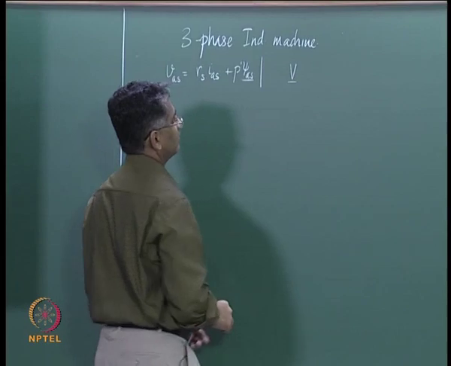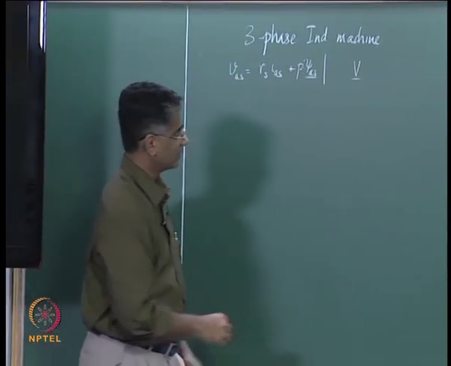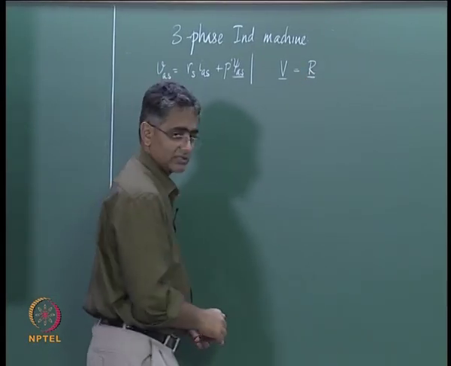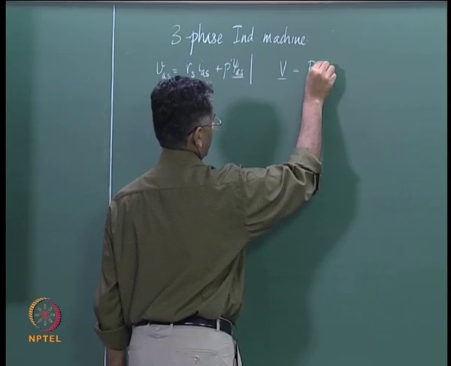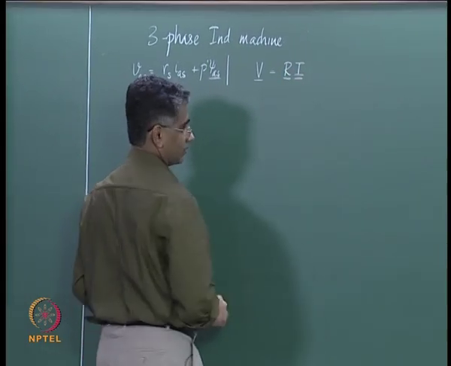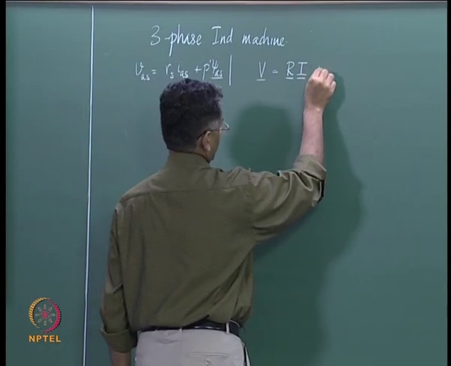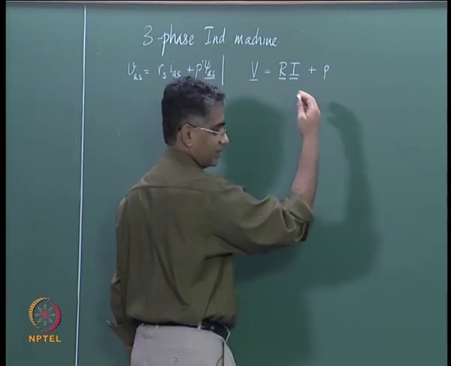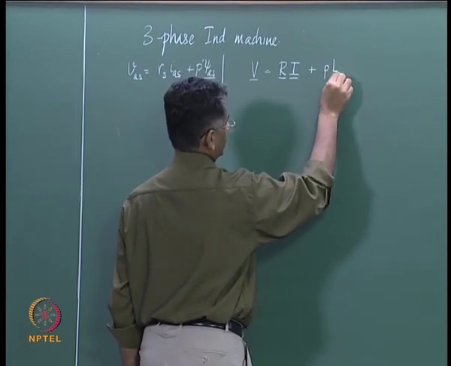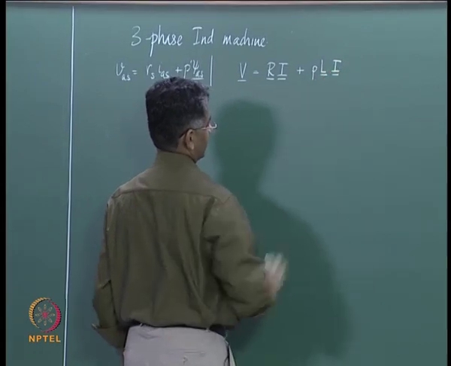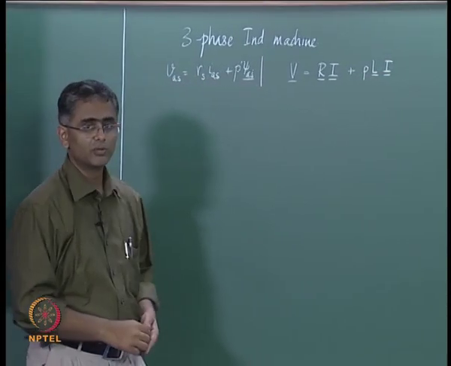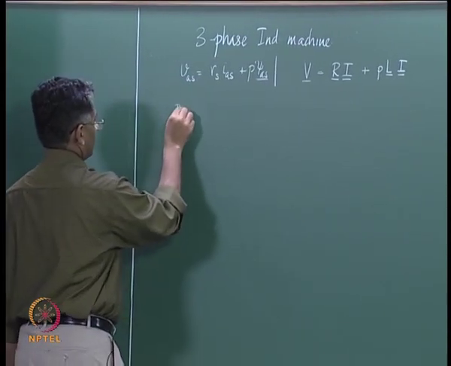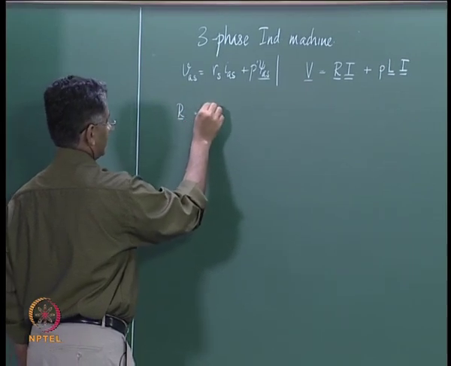Let me underline that to denote that it is a vector, equals R matrix, which is the resistance matrix, multiplied by the current vector plus P times, that is d by dt of an inductance matrix multiplied by the I vector. This is a simplified notational form of the equation, where the matrix R is a square matrix.